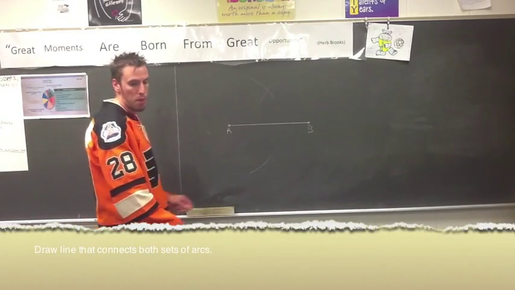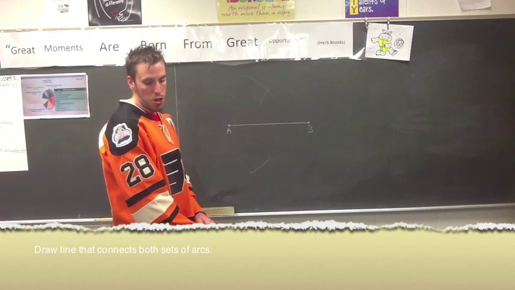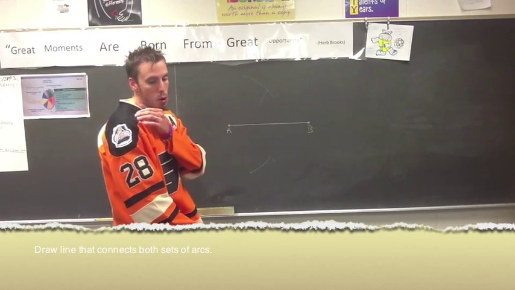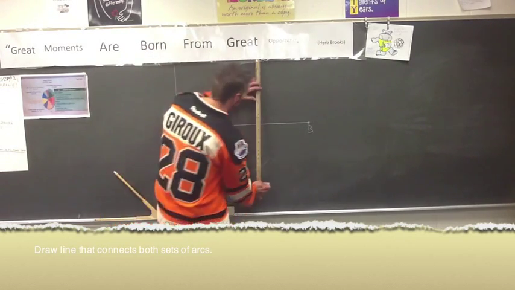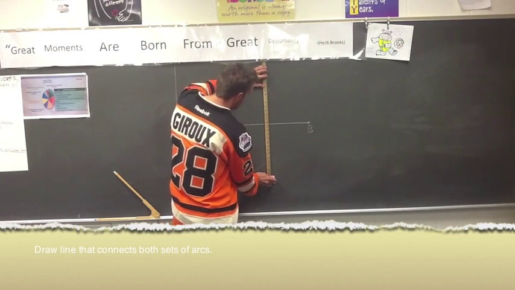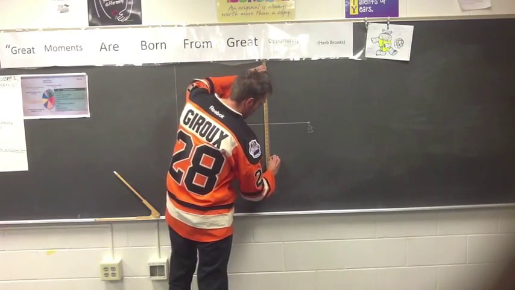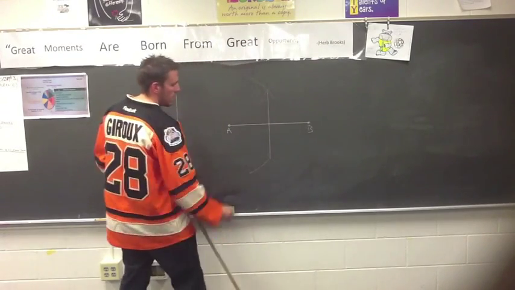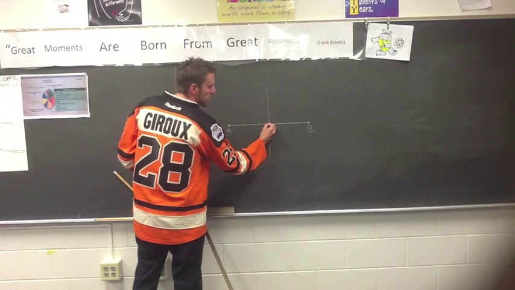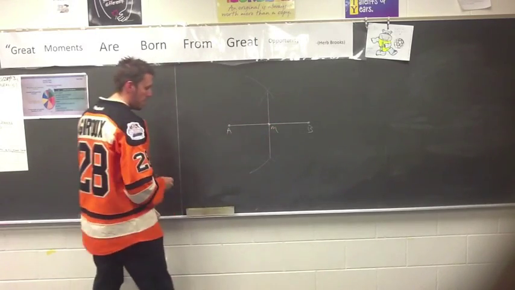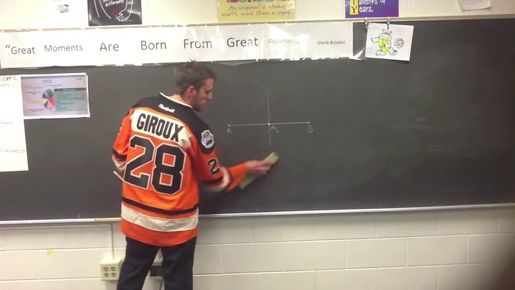Next thing, grab your ruler or your straight edge. We're going to draw a line that connects both sets of arcs. Here. And I find out where my midpoint is. So there's my midpoint, M. I can erase my excess.